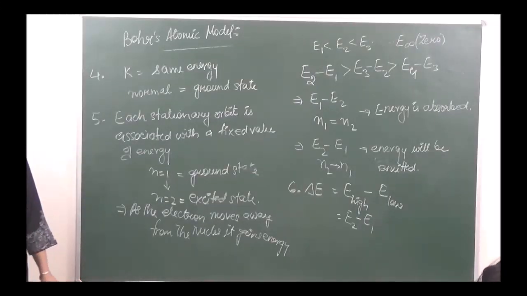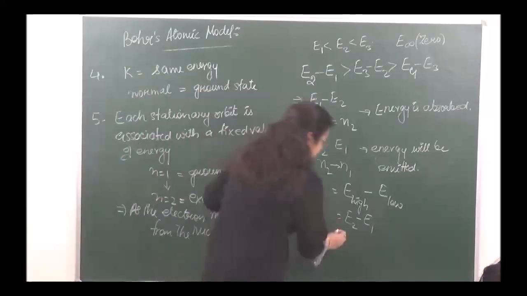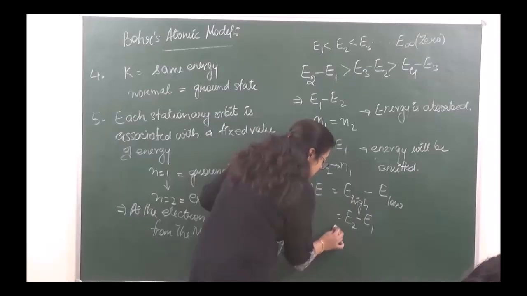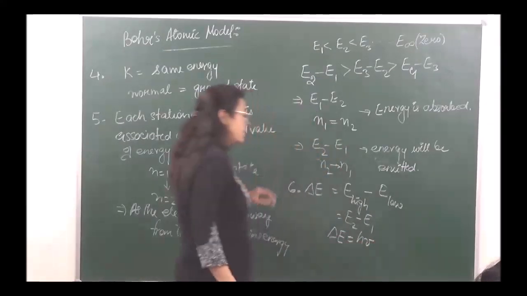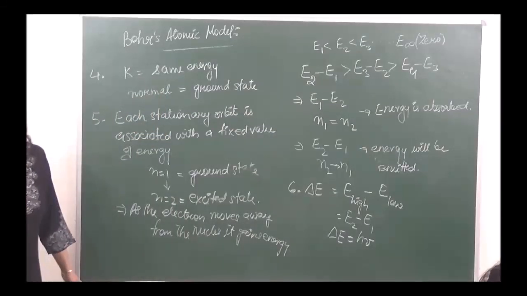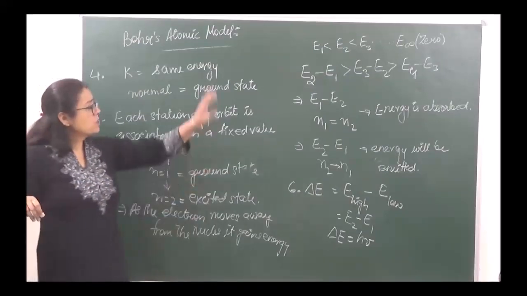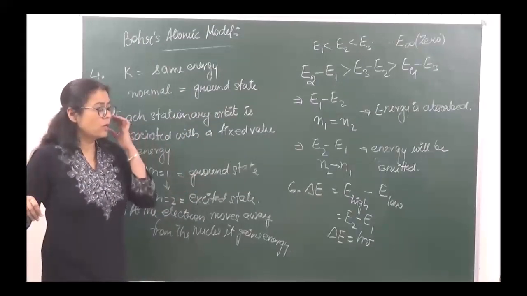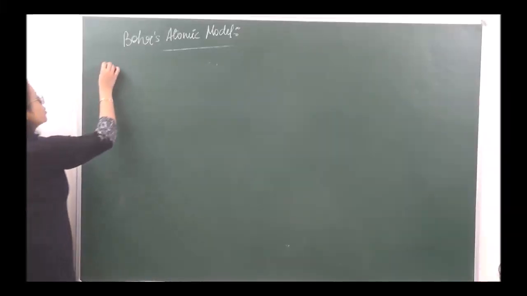We also know that E is equal to h nu. Therefore delta E will become equal to h nu. Clear? So this is what Bohr's theory is. Now there were many applications related to Bohr's theory. Let's go on to those applications of Bohr's theory.